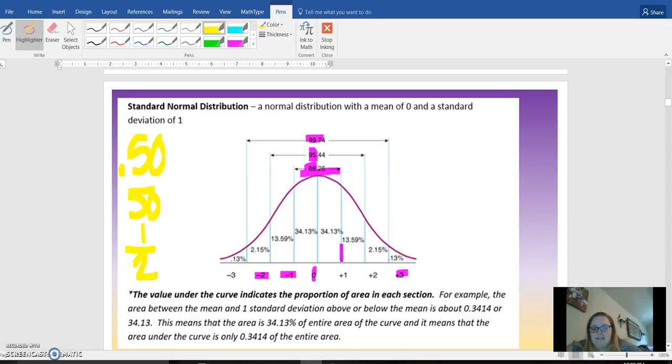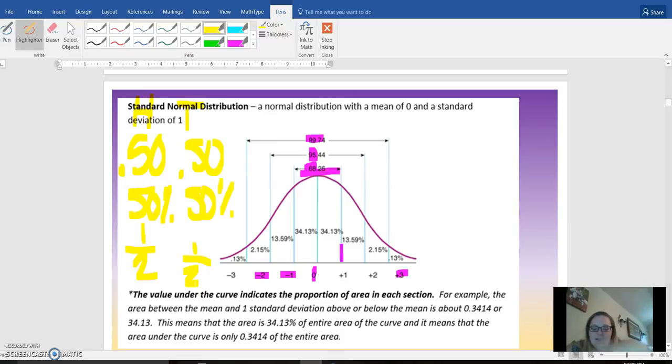All of those are the exact same. If we did tails, it would be the same thing, 50%, or 1/2. And then if I added those two up, I would get 100%.